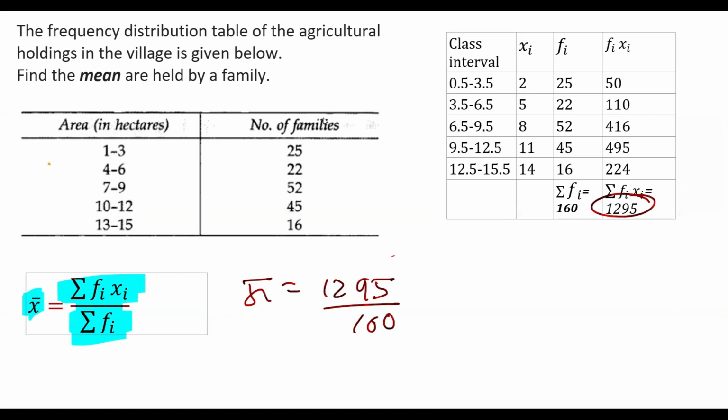It's divisible by 5, so 1295 divided by 5 is 259, and 160 divided by 5 is 32. Now we divide 259 by 32, and we get 8.09. We must not forget to write down the unit here. This is hectare.